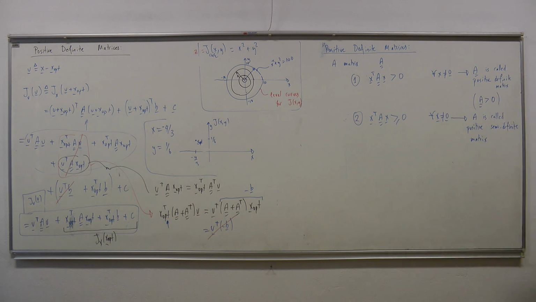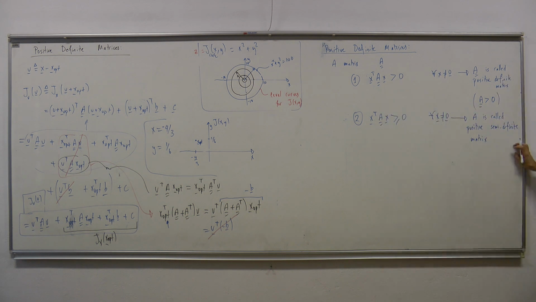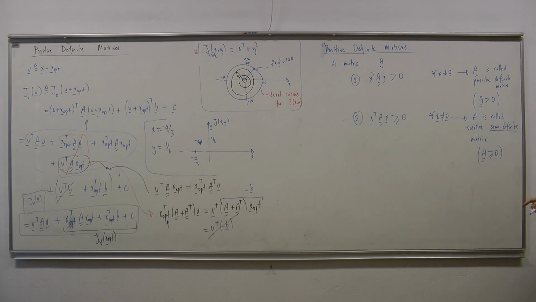Again, I am excluding the 0 case because the 0 case always gives me 0, so I know that. This is the word semi, and this is denoted by this. Again, equality denotes that I have such an inequality for all x vectors except 0.